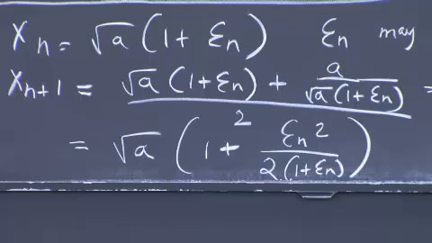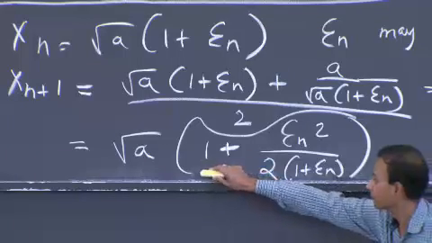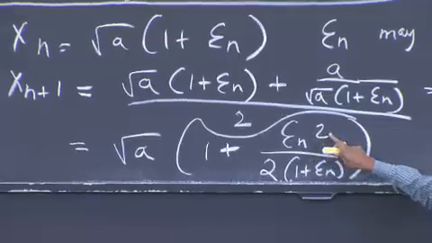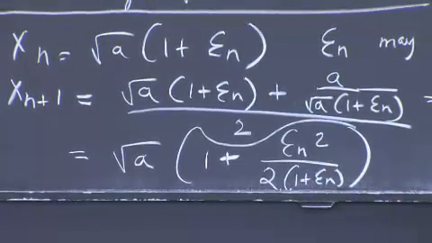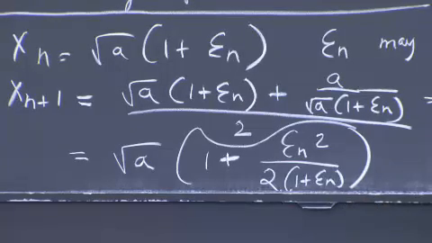Which is x_{n+1}, the square root of a times (1 plus epsilon n squared) divided by 2 times (1 plus epsilon n) down at the bottom. Okay?